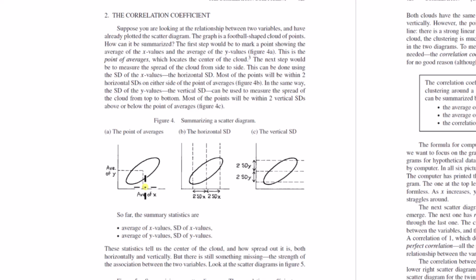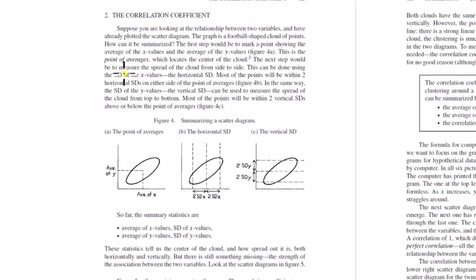So we're still using descriptive statistics here. And there's a coordinate of the two averages. That's a descriptive statistic: the coordinate location on the scatter plot of the averages of the two data sets, the two variables. This is the point of averages, which locates the center of the cloud.